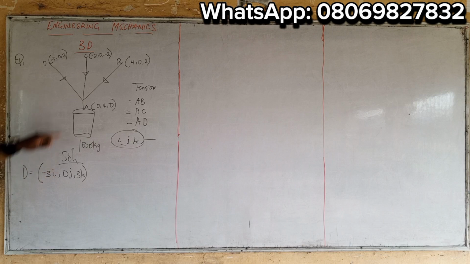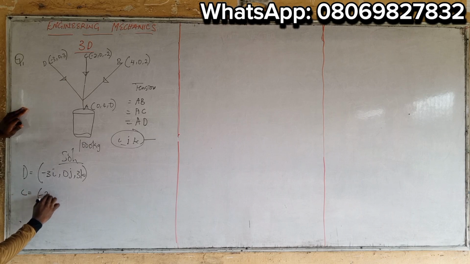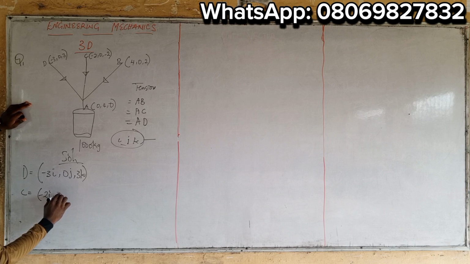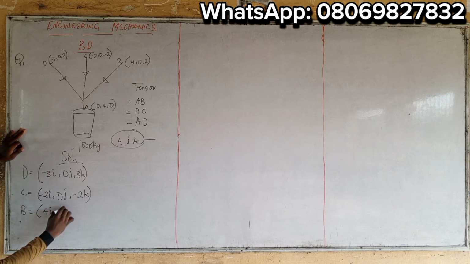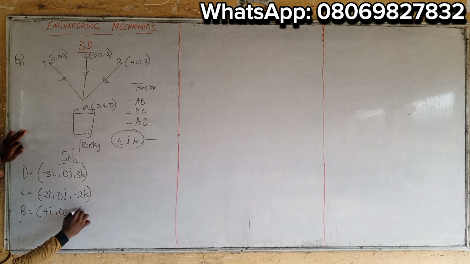The next one is point C. At point C, you have -2I, 0J, and -2K. For point B, to convert to a vector coordinate, you simply have 4I, 0J, and 2K.